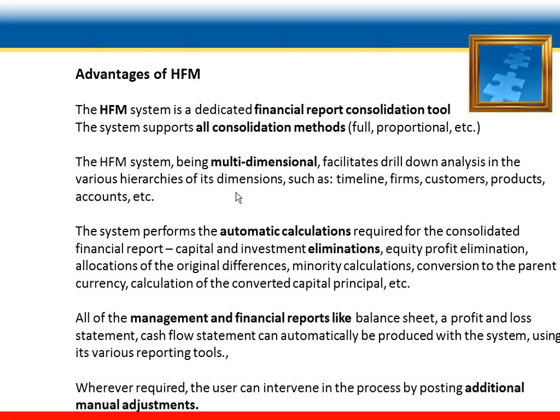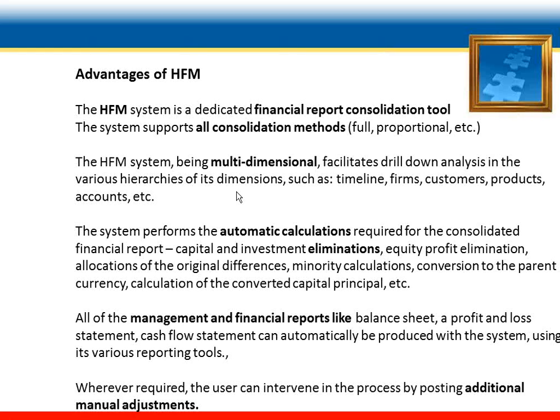The system performs the automatic calculations required for the consolidated financial reports, such as capital and investment elimination. That means it automatically calculates and eliminates the investment and capital things like equity, profit elimination, allocation of the original differences, minority calculations.